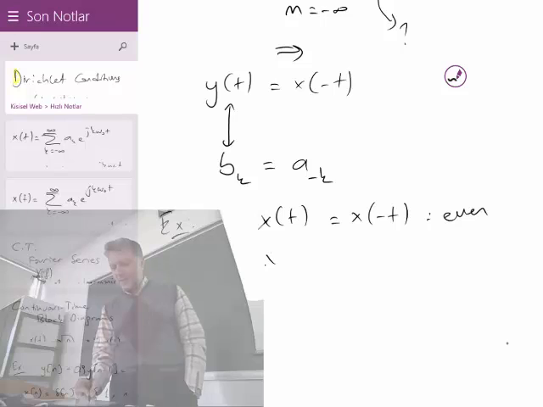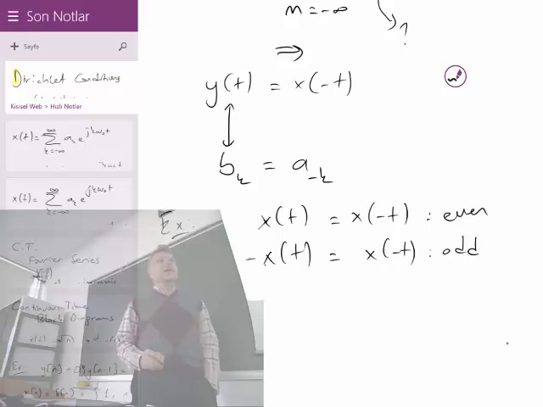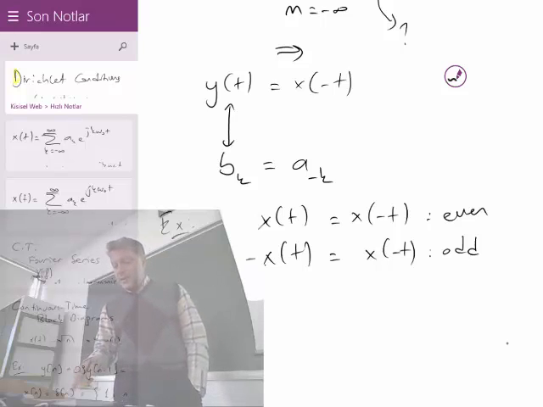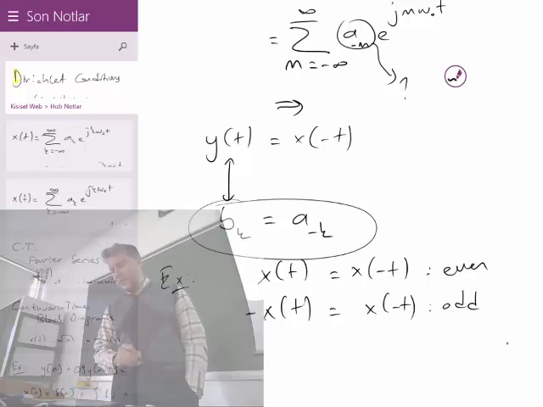And if x of t is equal to negative of x of minus t, or you can put the minus sign here if you wish, that corresponds to the odd signal. And sine omega 0 t is an odd signal. It is completely antisymmetric around the origin when you flip it around. And you can see the same observation from this particular property as well.